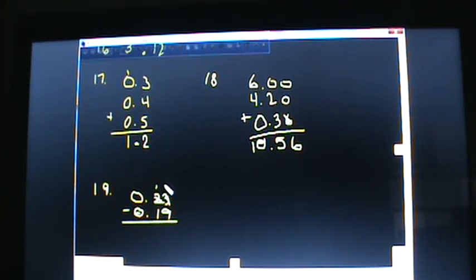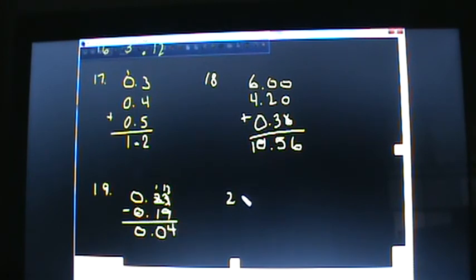Change my 3 to 13. 13 minus 9 is 4. 1 minus 1 is 0. 0 minus 0 is 0. So my answer is 0.04.